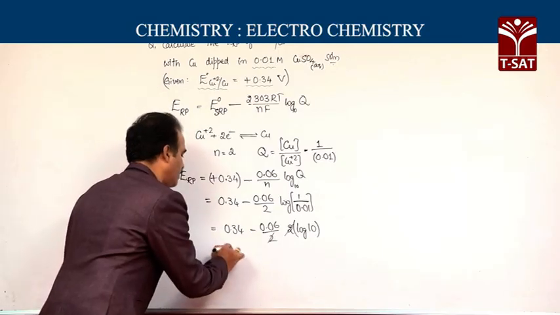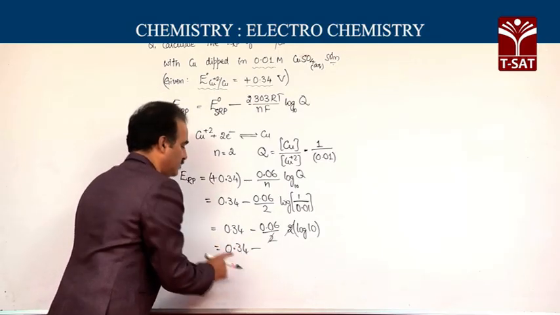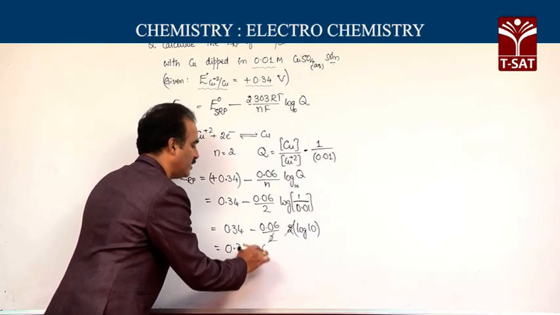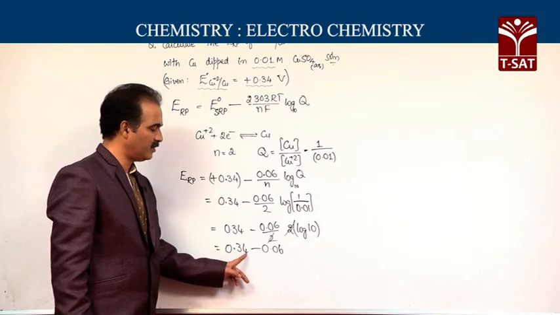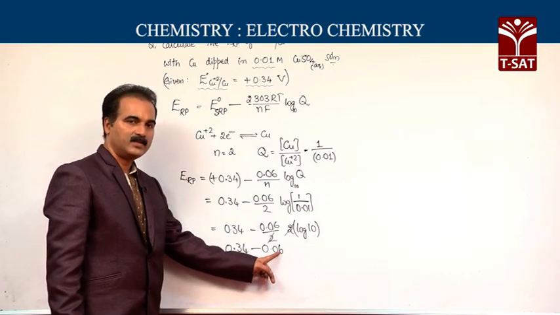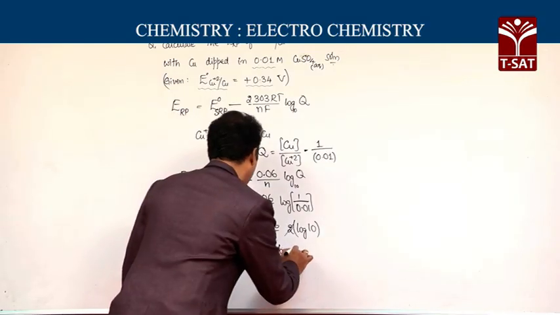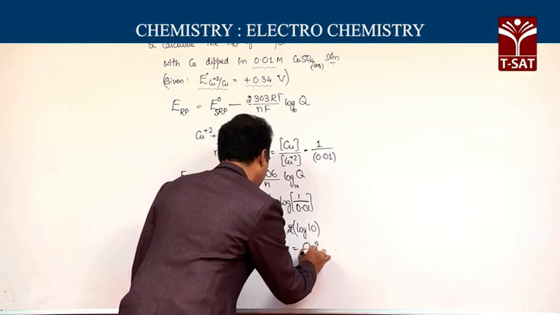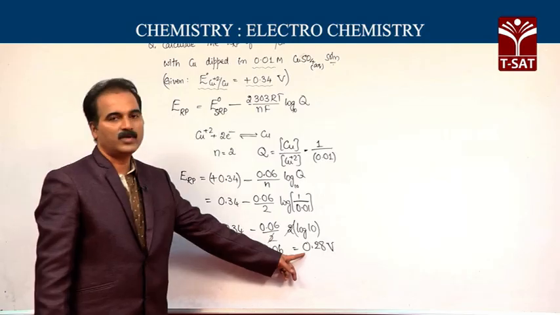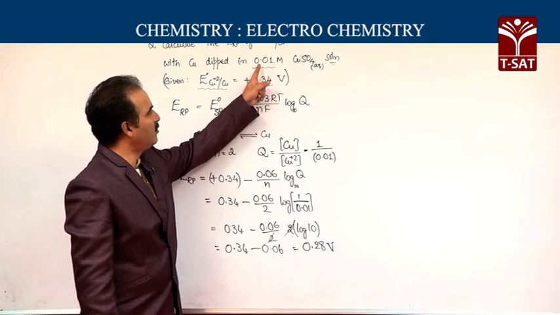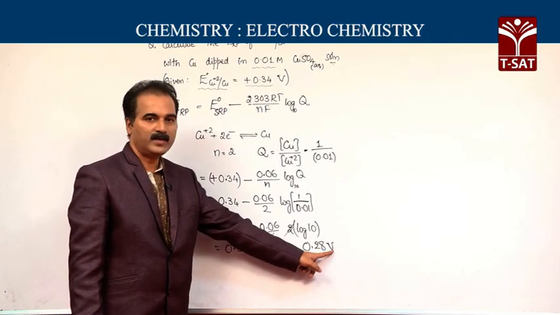So, the overall value comes out to be 0.34 minus 0.06. From 0.34 we should subtract 0.06, and that value will be 0.28 volts. So, the reduction potential of this copper electrode will be 0.28 volts.